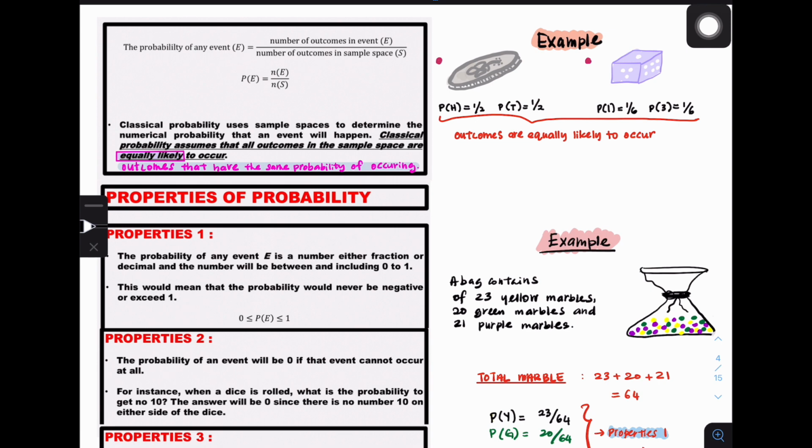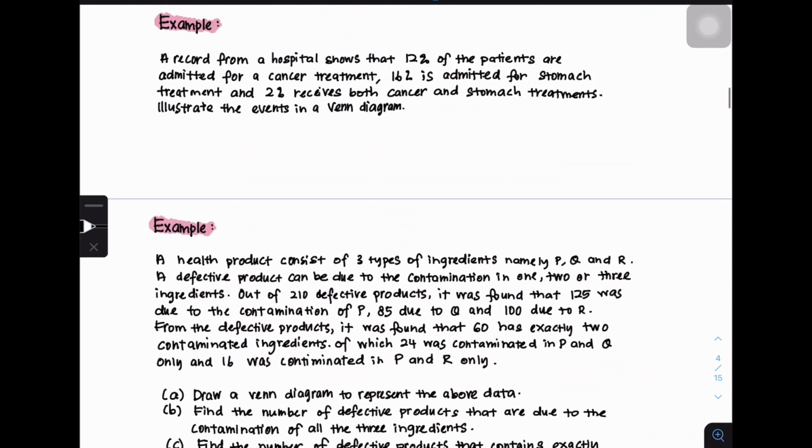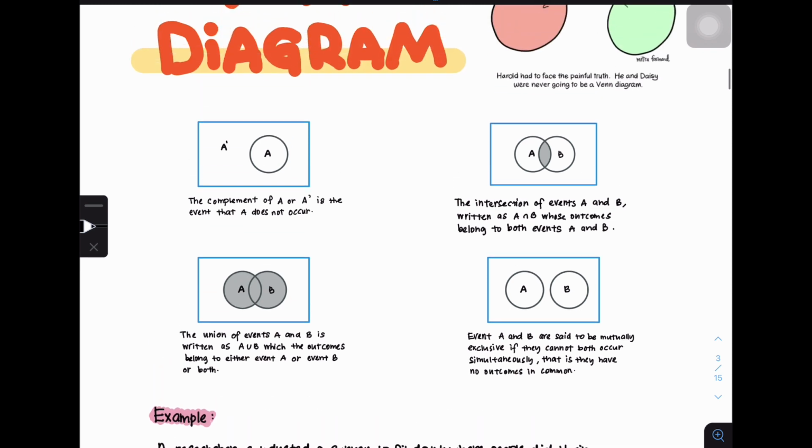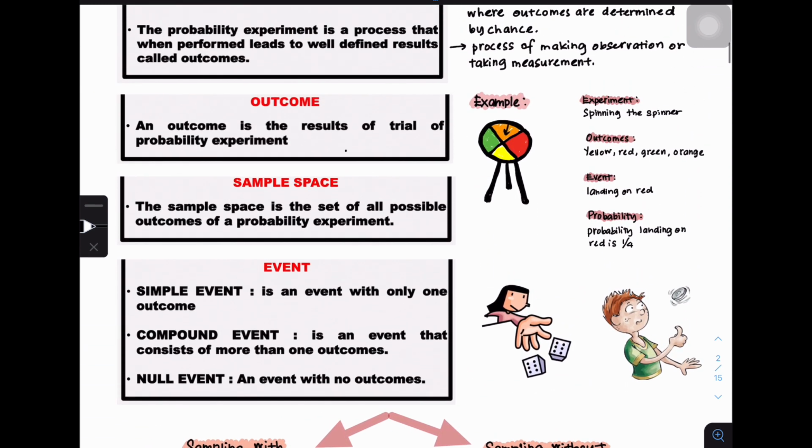So today we will continue our lesson with a few more subtopics in chapter 4, which is the introduction to probability. Before this, we have learned what probability is. We saw the definition of probability. Kita dah tengok beberapa contoh probability, apa dia probability, apa dia event, apa dia sample space, apa dia outcome.